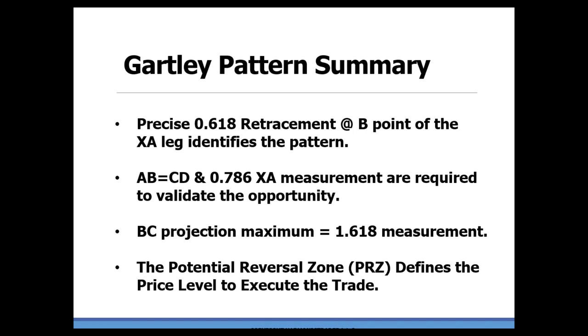The Gartley does not use extreme harmonic measurements, so we're rarely going to see anything above a 1618 in a true Gartley. We want to focus on that potential reversal zone. That defines really the action at that price level of where to execute the trade, but it's going to be right after that 786 is completed.